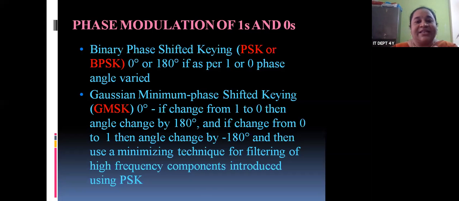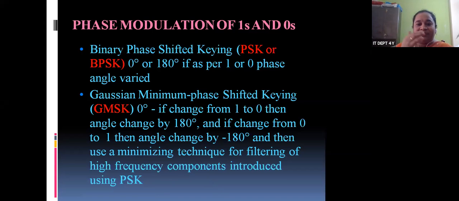That's why, even though it is phase shift keying, it can also be called binary phase shift keying. And again you have here Gaussian minimum phase shift keying. Here you are going to represent minus 180 also.